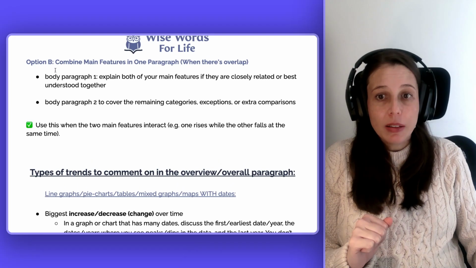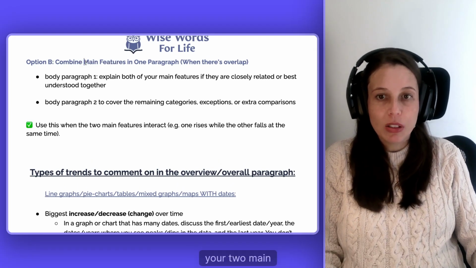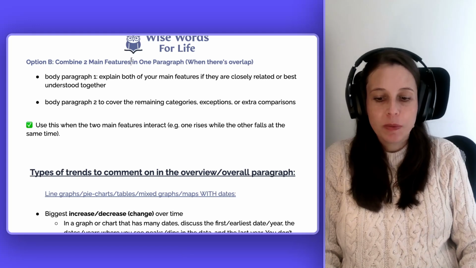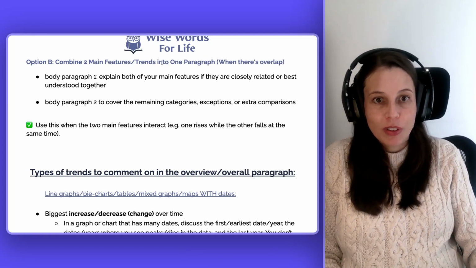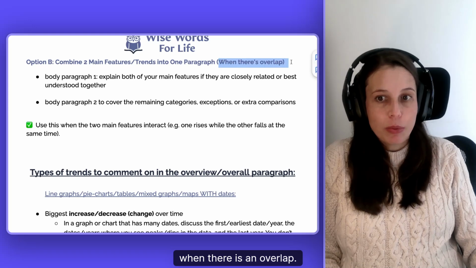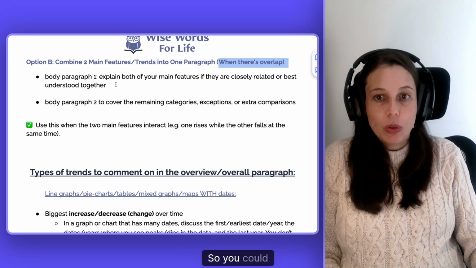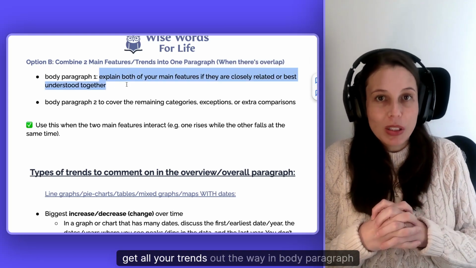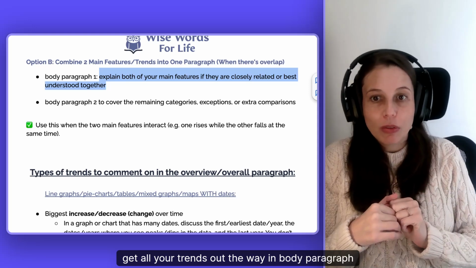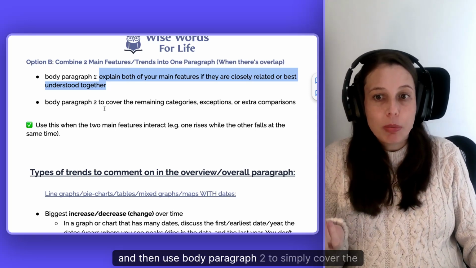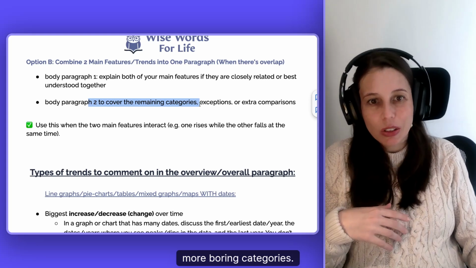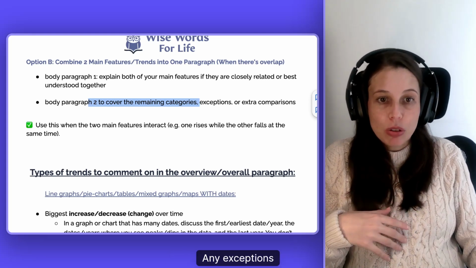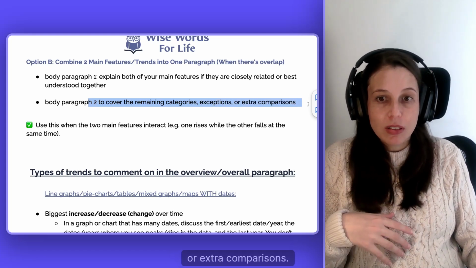Option B. You can combine your two main trends or features into one paragraph when there's an overlap. So you could get all your trends out the way in body paragraph 1 and then use body paragraph 2 to simply cover the remaining more boring categories, any exceptions or extra comparisons.